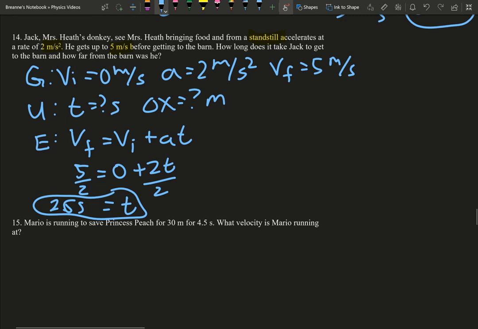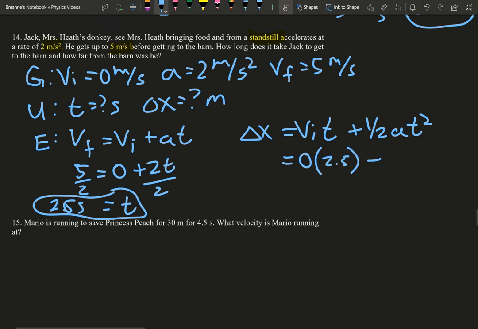Now to find his displacement. Now that we have velocity, we have all of our givens, we can use any equation we want. So let's use this one since displacement's already manipulated for us here. So our initial velocity is 0. We solve for our time, which is 2.5, plus 1/2 times our acceleration, which is 2, times 2.5 squared.